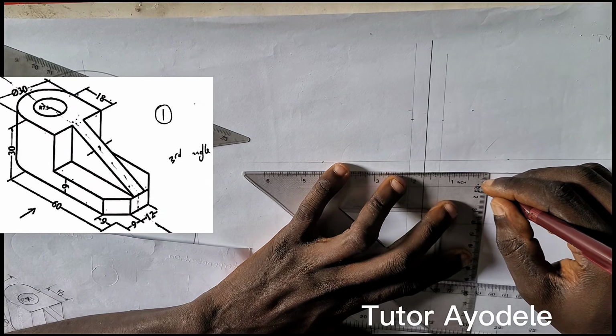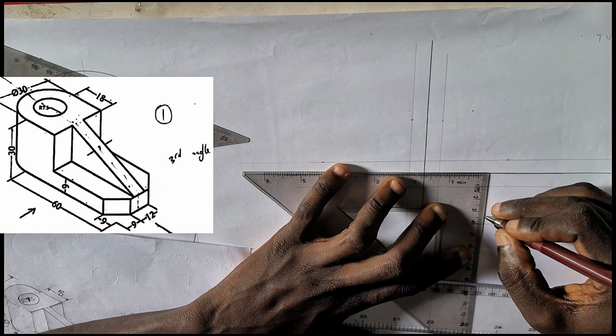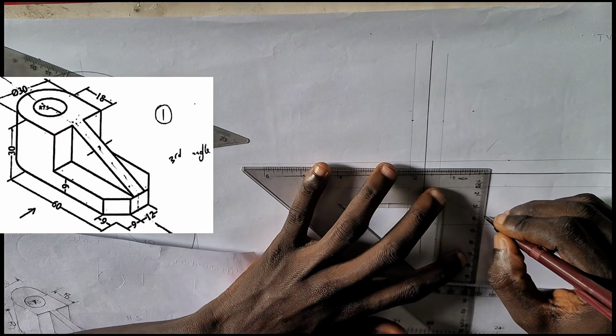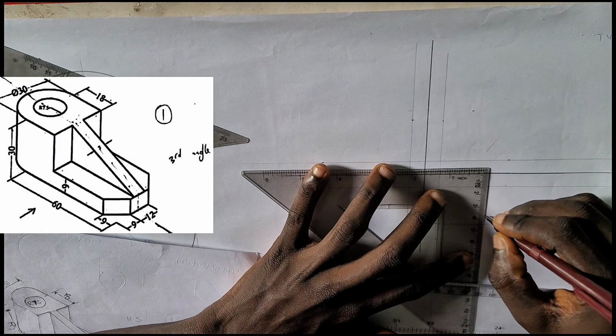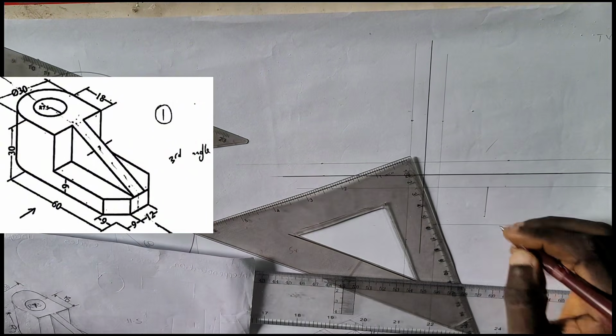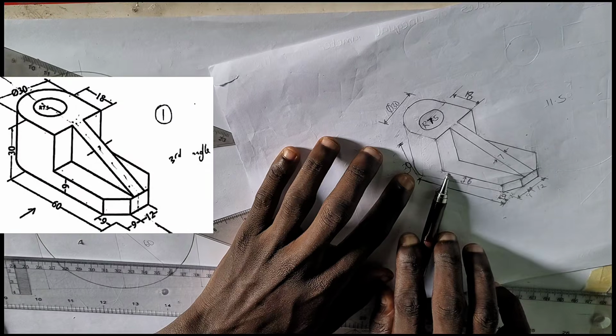So from here to here is 10, 20. This is 24 here. So that is 24. Then from that point, a certain line went inward like this. So let's draw that line.